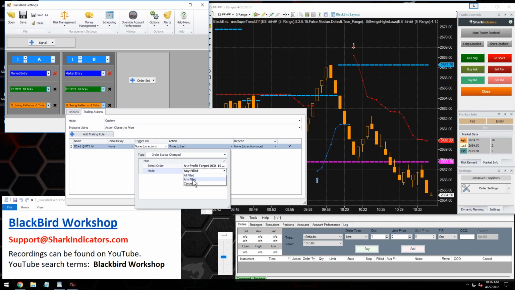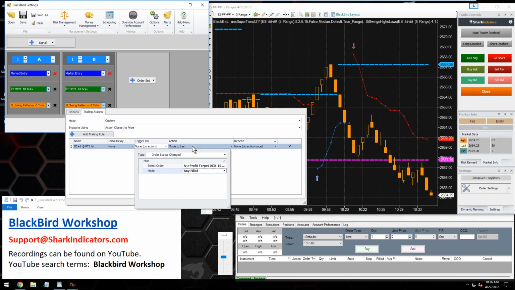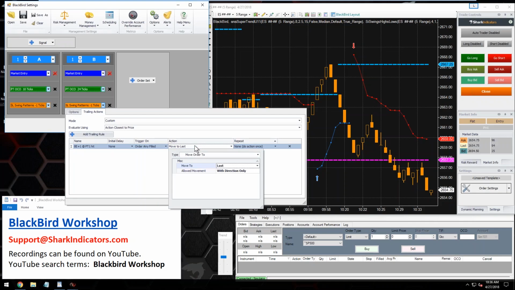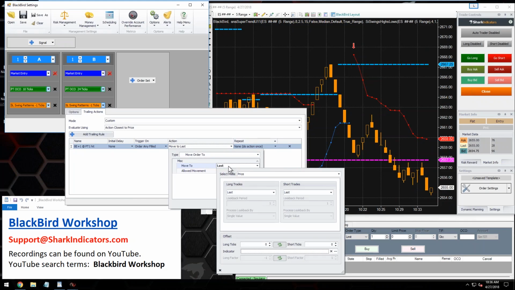We'll just put it on any filled, and so there's our special triggering event waiting for target 1 to get filled. And now the action: we don't want to move the stop loss to the last price. The last price is where the market is currently trading. We want to move it to the entry price. Break even is your entry price.